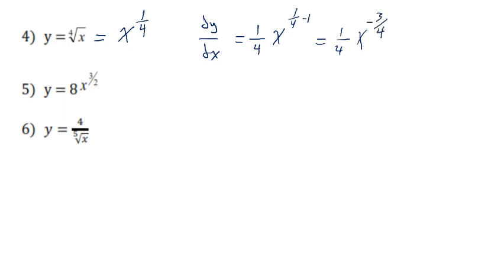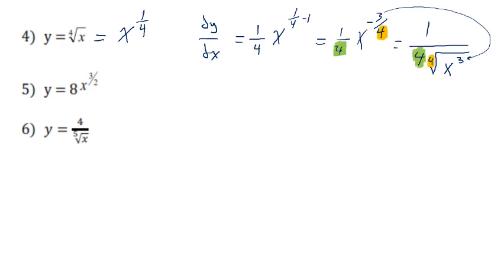If you wanted to write x to the power negative 3 over 4 in simplest form, it's going to be a quarter over the 4th root of x to the power of 3. 3 is the power, 4 is the root, and of course 4 here doesn't change its place.